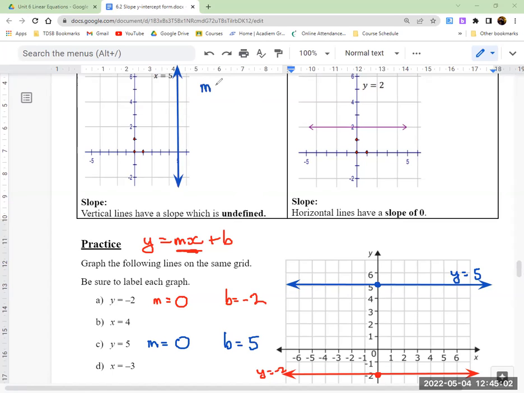Take a look at that vertical line. What's the slope of this vertical line? And I'll give you a hint, it's not a 0. Why is it undefined? So it doesn't go through the y-axis. This is true, but let's talk about the explanation based on real life scenarios.